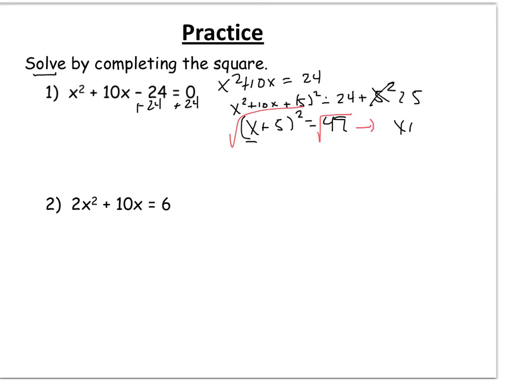And so we get x plus 5 is equal to plus or minus 7, and we set up two separate equations. Now I'm just going to subtract 5 from both sides and get x is equal to 2 or x is equal to negative 12.